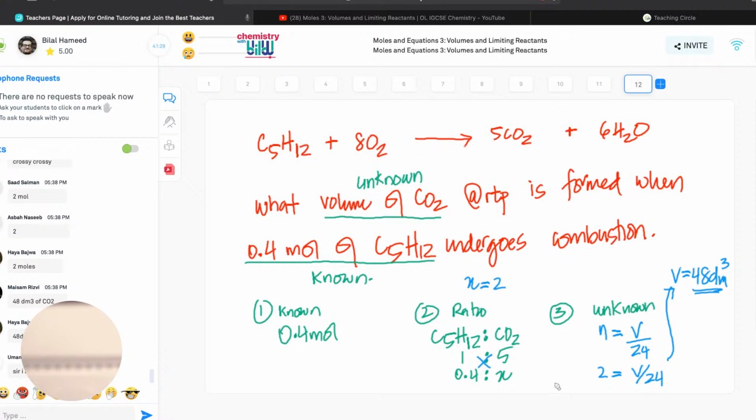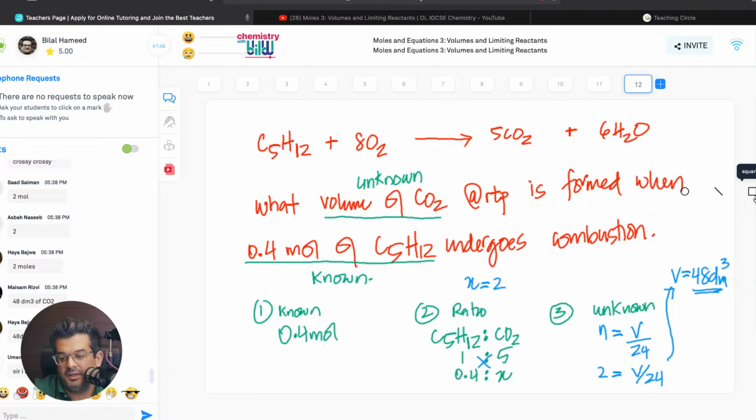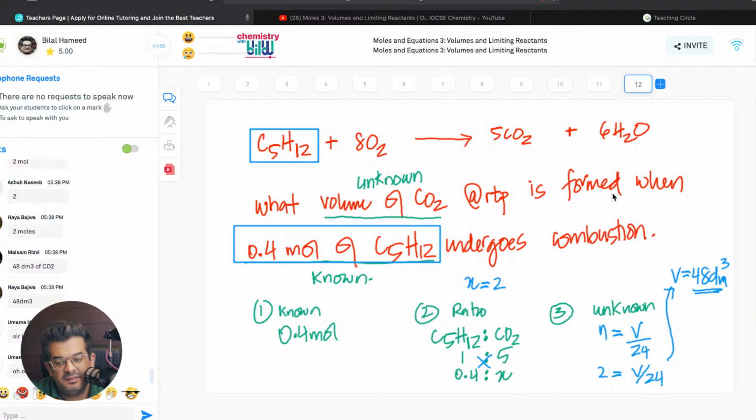It's already given to us. What is the confusion, Umama? You seem to have a lot of confusion. I don't think a single person didn't get it. Kind of everybody got it. It's already given to you. This is your information already given to you. आपको इसके moles दे दिए पहले से.